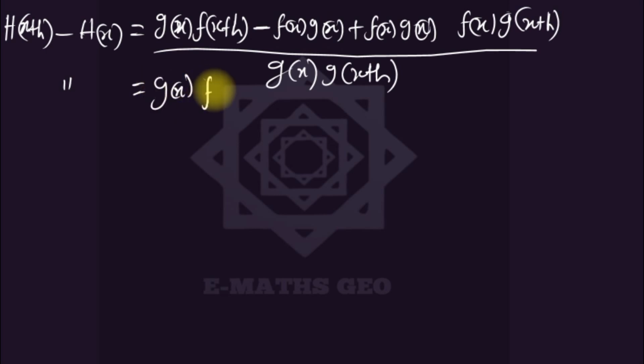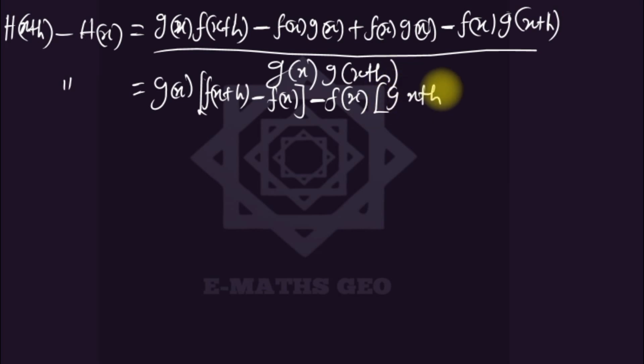So we have f of x plus h here, what's remaining is f of x plus h minus f of x. Then for this one, remember this is minus. So if I factor minus f of x, what is left is g of x plus h minus g of x.